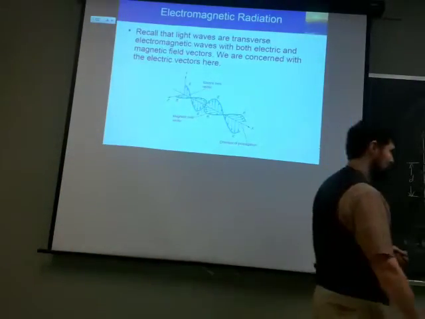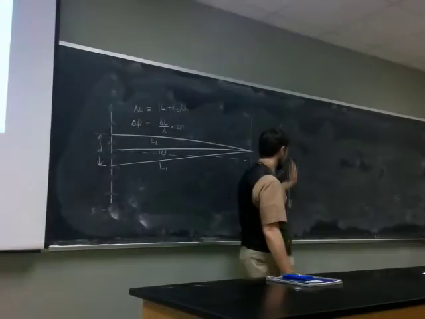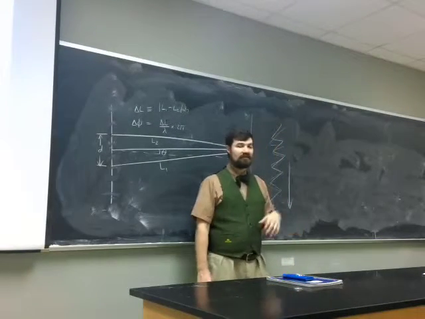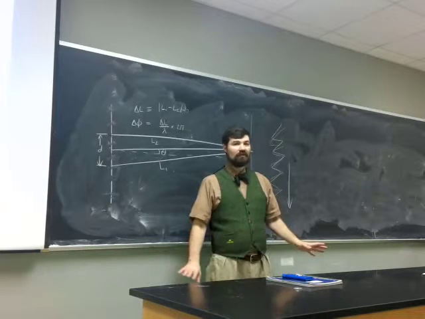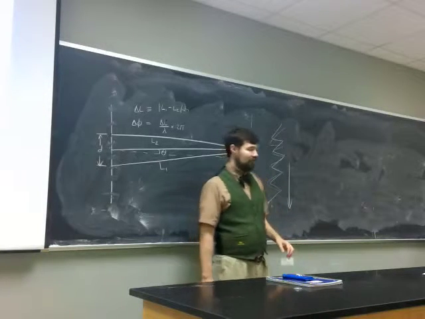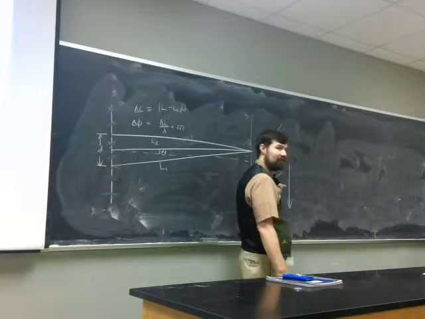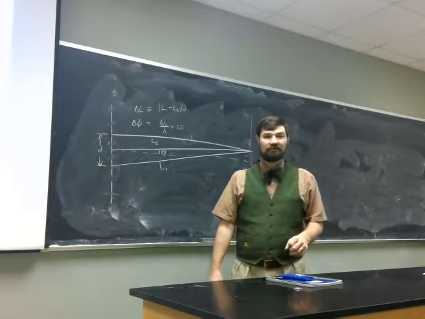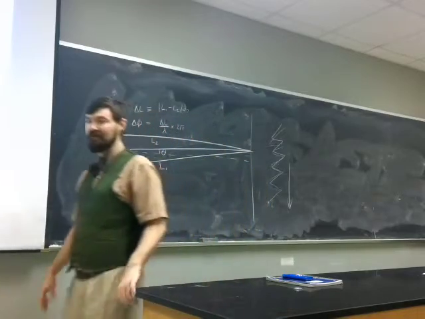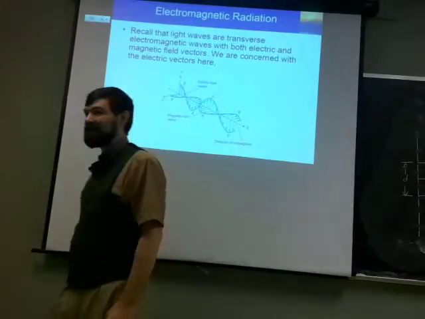If the electric field is oriented in the same direction as the polarizer, then it gets absorbed. If, on the other hand, it's oriented this way, then there's not a whole lot of acceleration that the electron can do. There's not a whole lot of absorption possible.